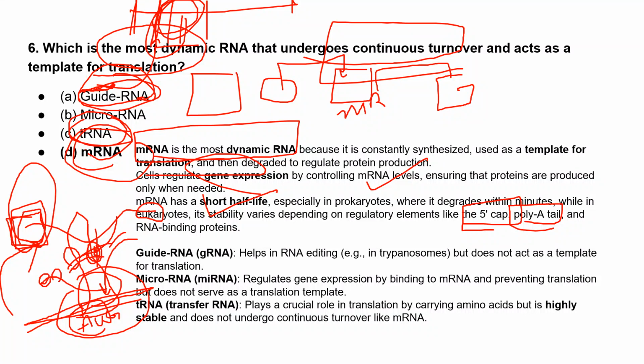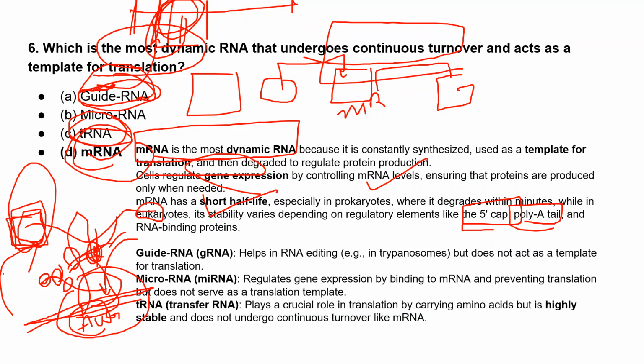Then again it will form the peptide bond with the second amino acid, then the third, like that. So tRNA mostly helps in the amino acids. So the right answer for this question, which RNA undergoes continuous turnover and acts as a template for translation, is mRNA, right?